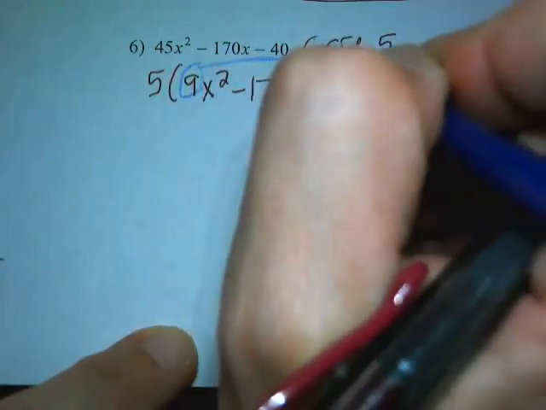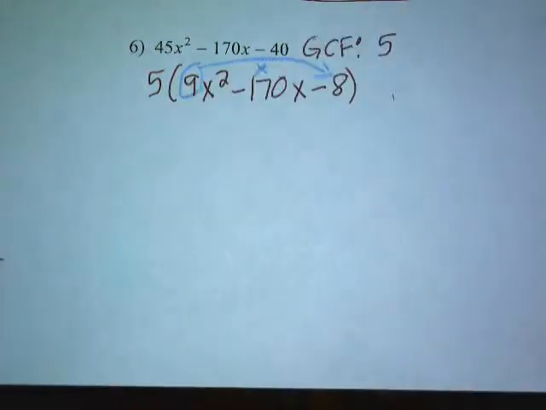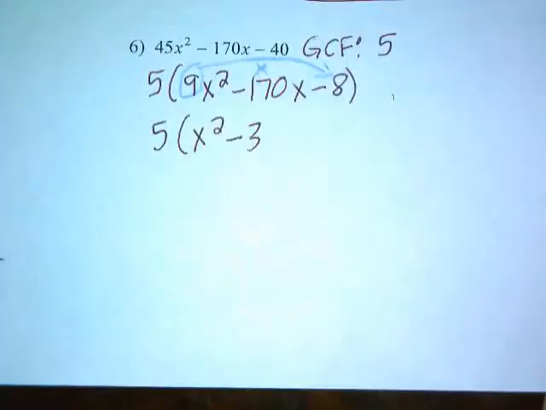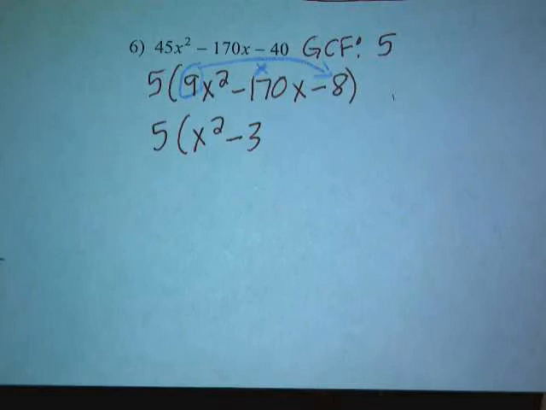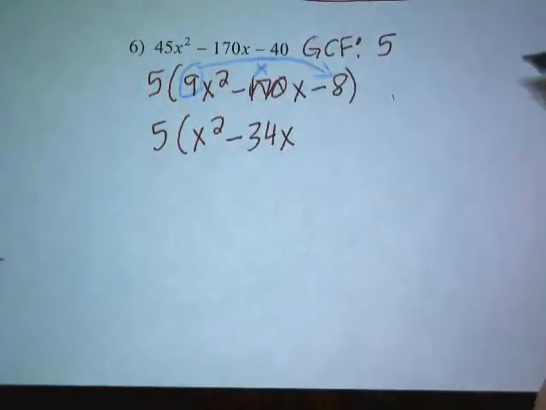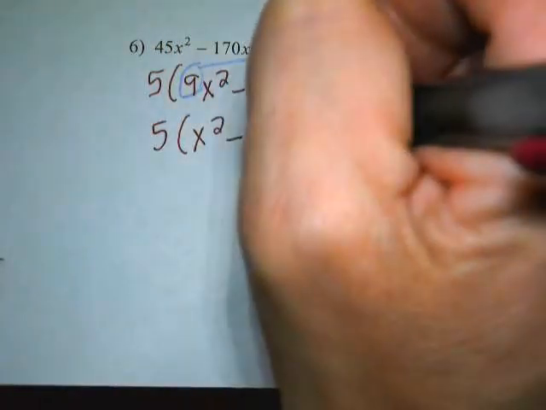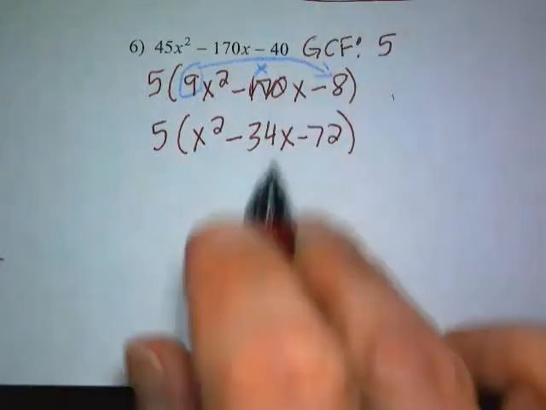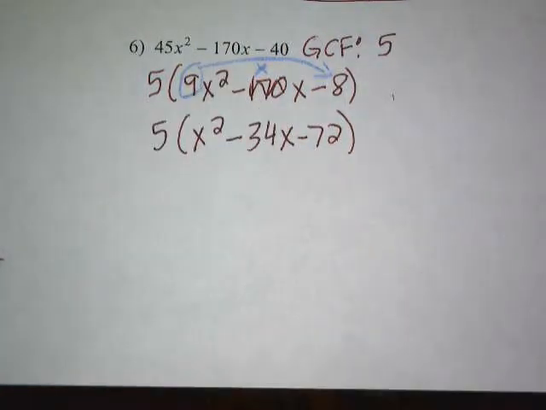Still have a coefficient here that I need to get rid of by sliding and multiplying. 5 times x squared minus, oh, I see what I did wrong. That's 34x minus 72. I didn't divide there.